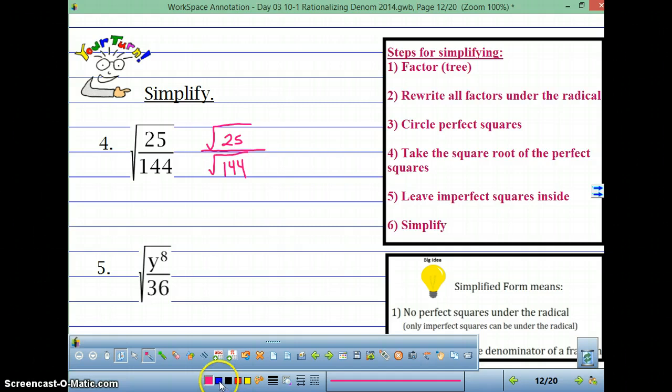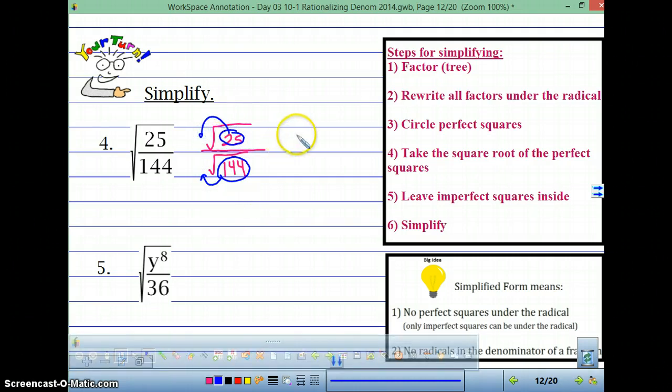I don't even have to factor those. I can take out the square root of 144. I can take out the square root of 25. I end up with 5 over 12. Is there anything left inside the denominators? I mean, inside the radicals? No. Let's try this one.